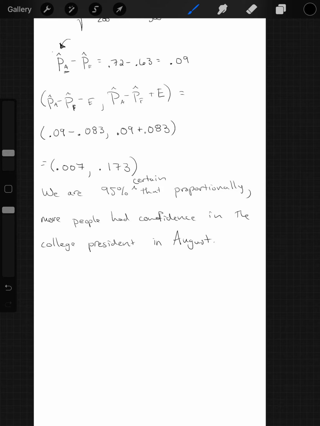But we can also take some nuance from this, right? This is really, really close to 0. It's always going to be positive, but it got really close to 0. So while more people had confidence in August, it wasn't necessarily that much more proportionally.